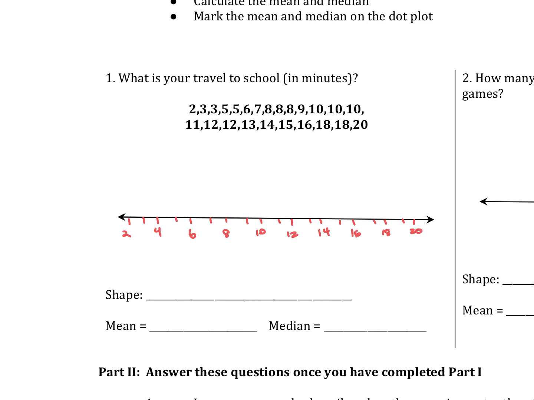All right, so now let's go ahead and do our dots. So I only have 1 dot for 2. I have 2 dots for 3. Watch that spacing, make sure that they're nice and even.